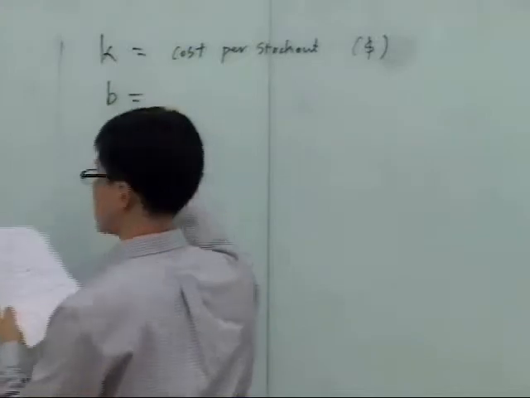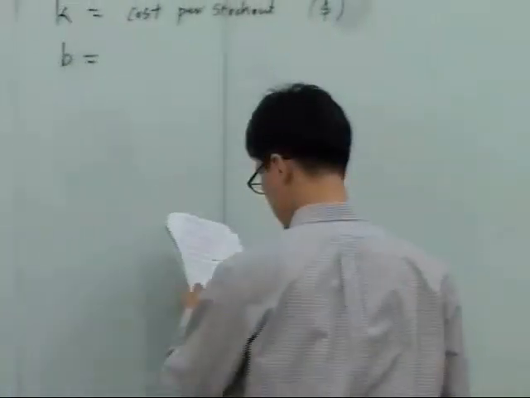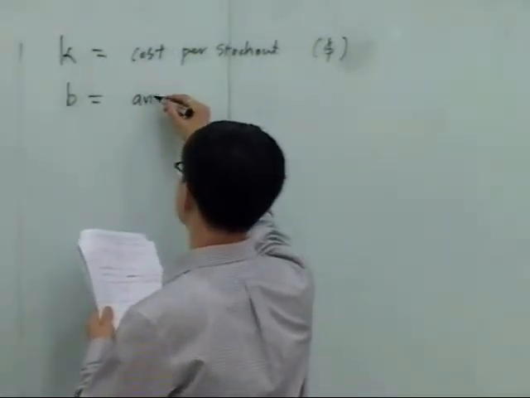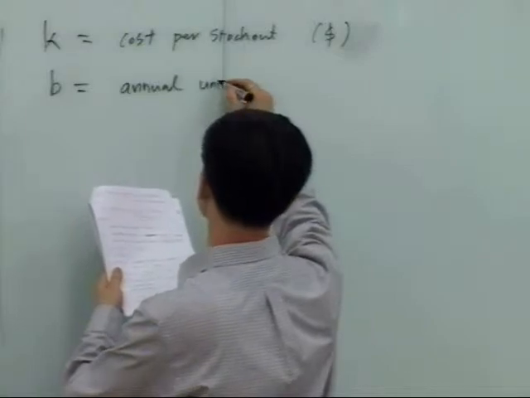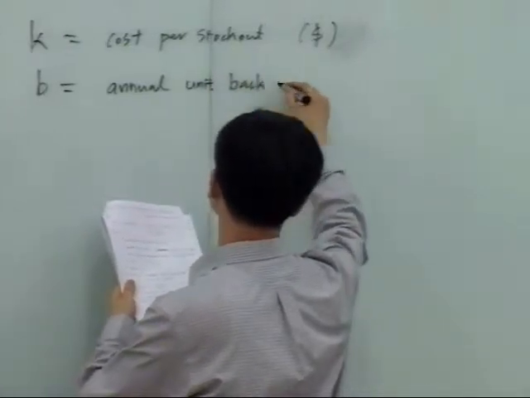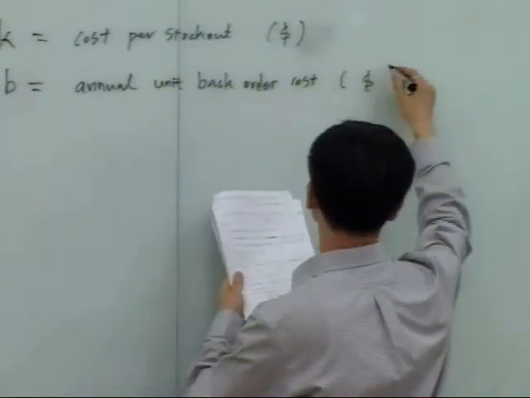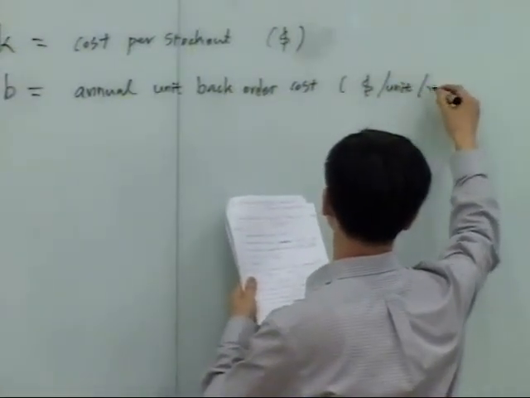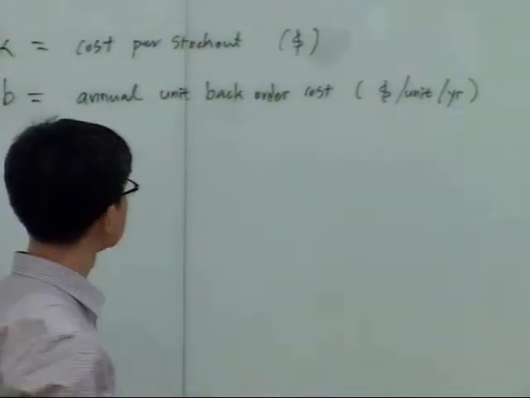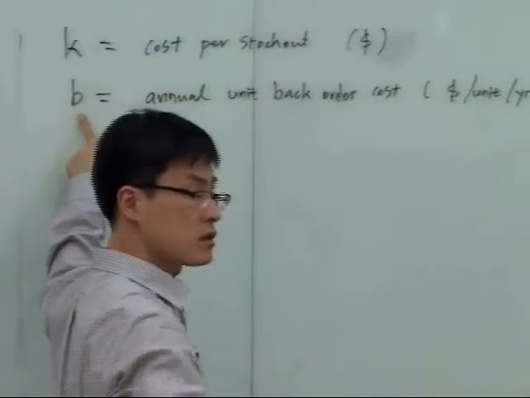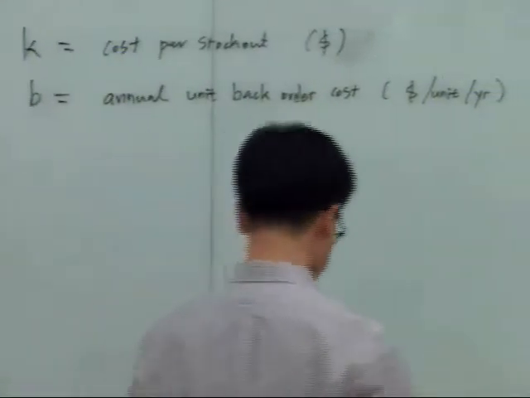And B, let's keep the annual time span as it is, is the annual unit back order cost, dollar per unit per year. As in the base stock model, B is about back order, h is about holding inventory.